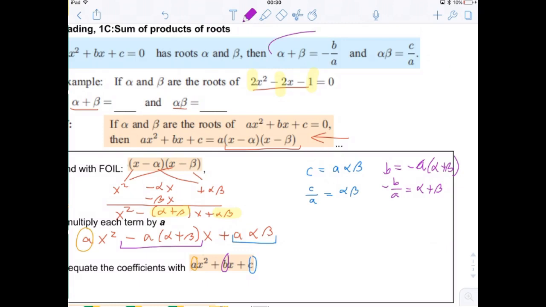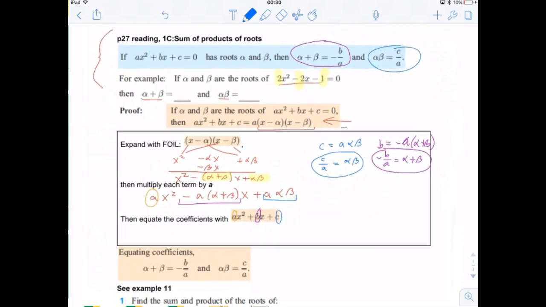I have. See, look at that. There you go. And there we go. So that worked, okay? So that's how you do it. You can see it's very easy. You just FOIL the original factored form, and then you multiply by a, and then you immediately set equal the coefficients, and that's why you discover that relationship.